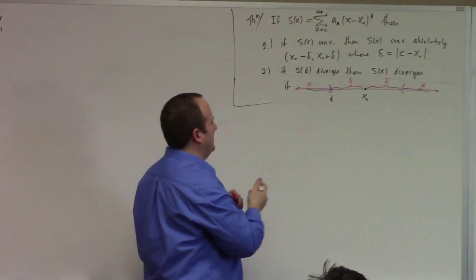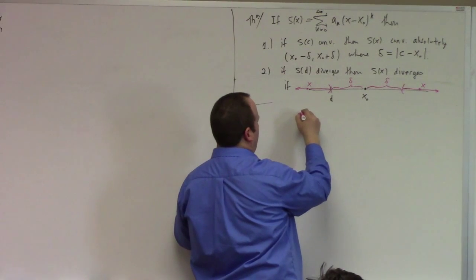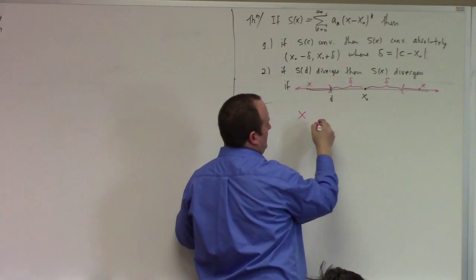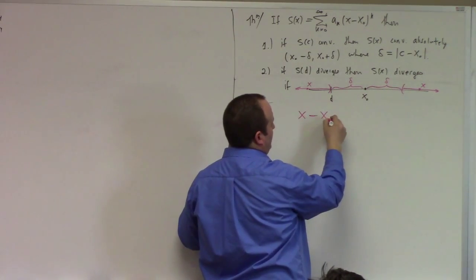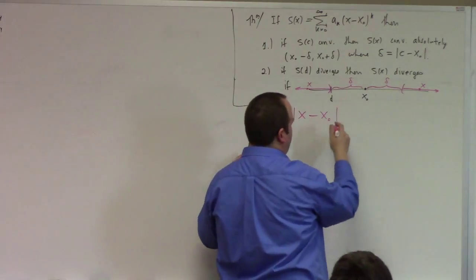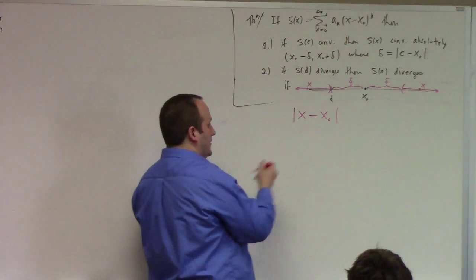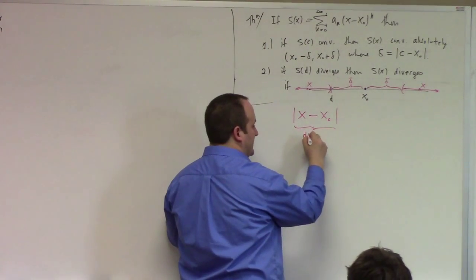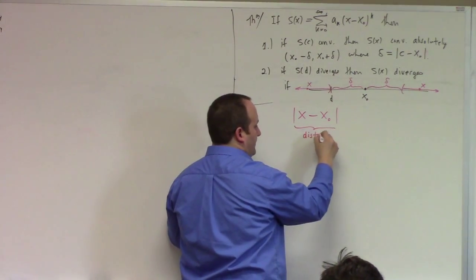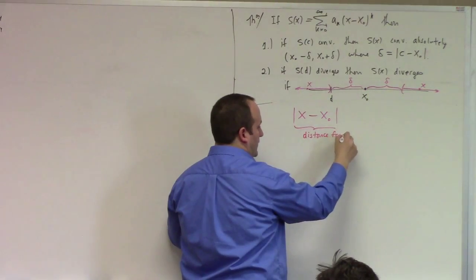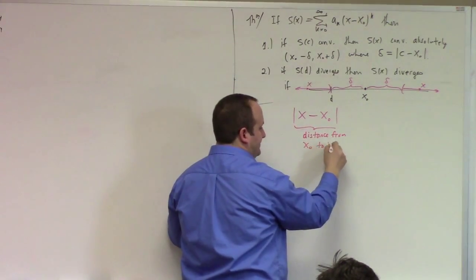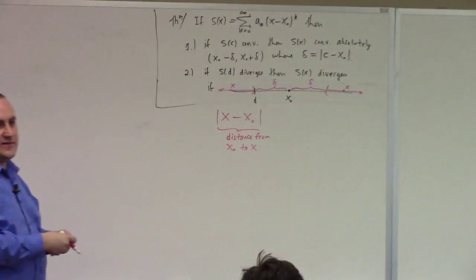What would that be? The absolute value of x minus x naught is the distance from x naught to x.